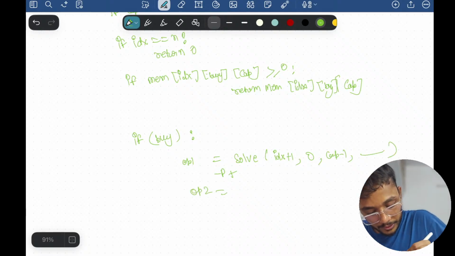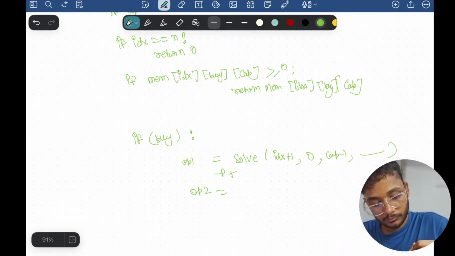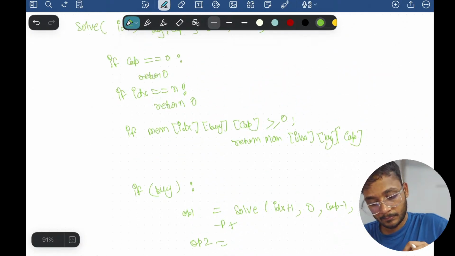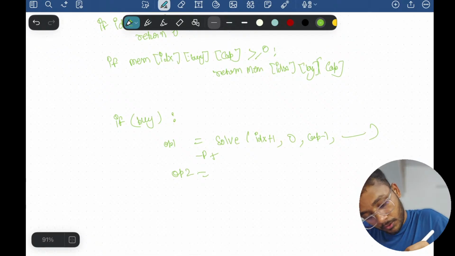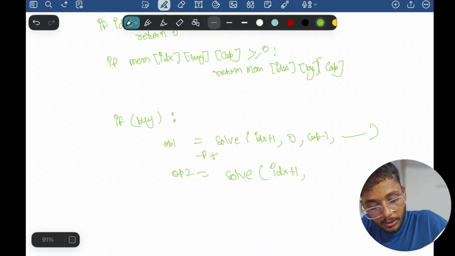Option 2, when you are not buying: solve will get the result for idx plus 1, with the same buy and the same capacity.